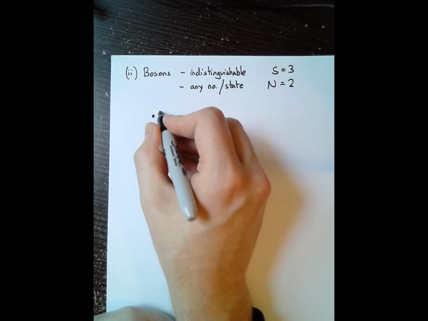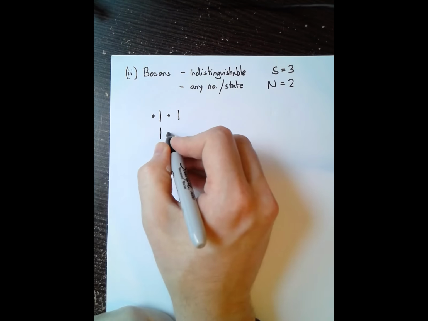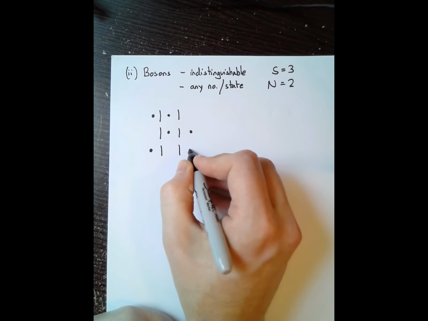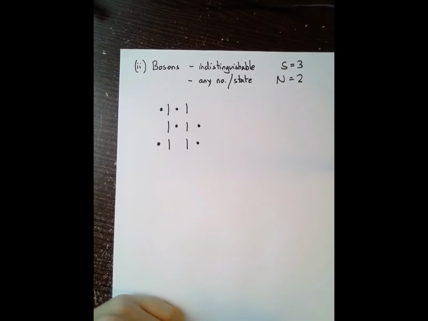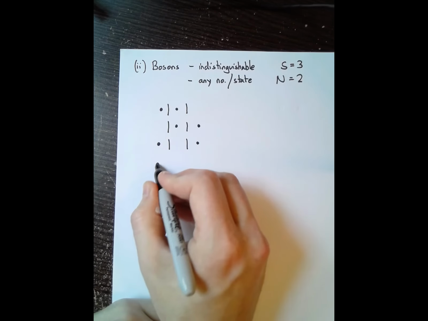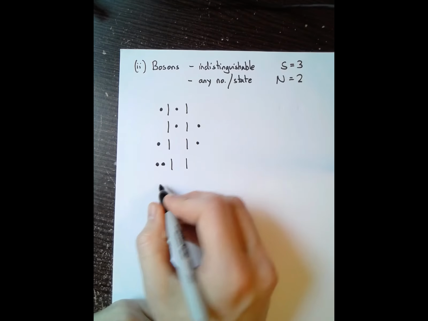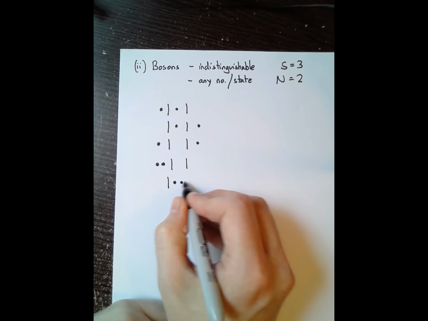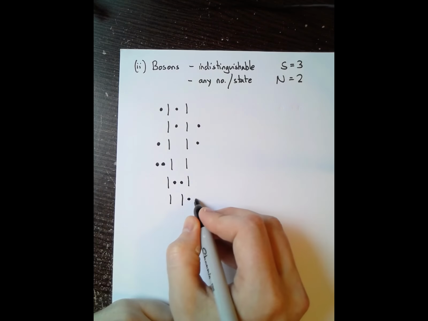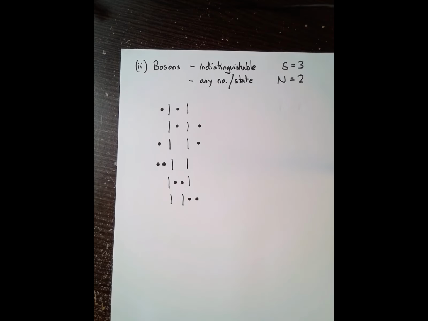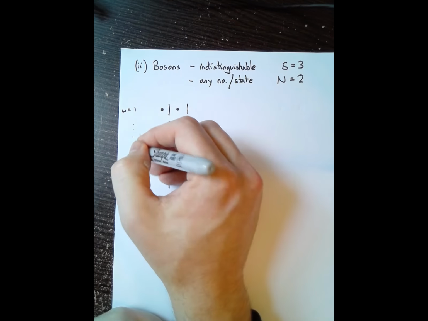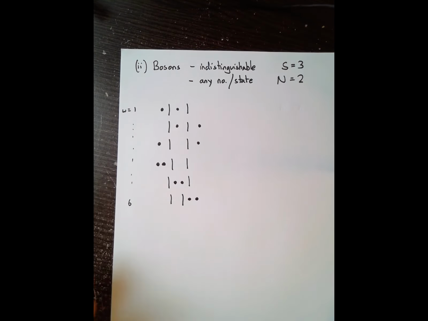Well, the states that we had for fermions are still possible. So we can write these down. But now we have additional possibilities because both of these could end up in the first state. Both particles I can put in the first state. Both I could put in the second state, and both I could put in the third state. So that gives me 6 microstates now. So W runs from 1 to 6.